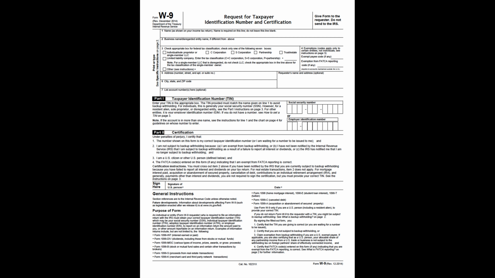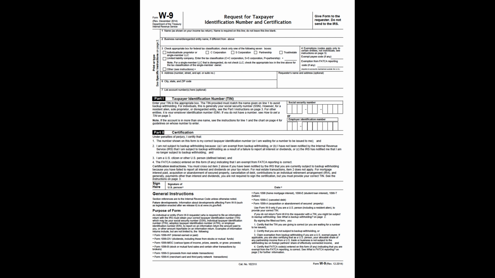Examples of information returns include, but are not limited to, the following. Form 1099-INT, interest earned or paid. Form 1099-DIV, dividends, including those from stocks or mutual funds. Form 1099-MISC, various types of income, prizes, awards, or gross proceeds. Form 1099-B, stock or mutual fund sales and certain other transactions by brokers.